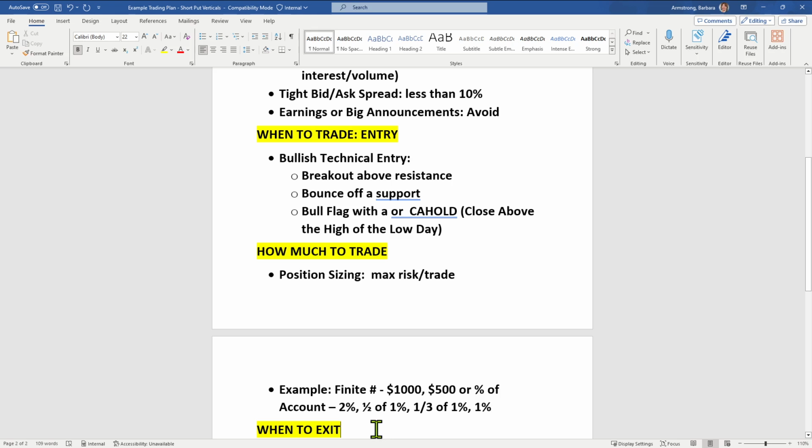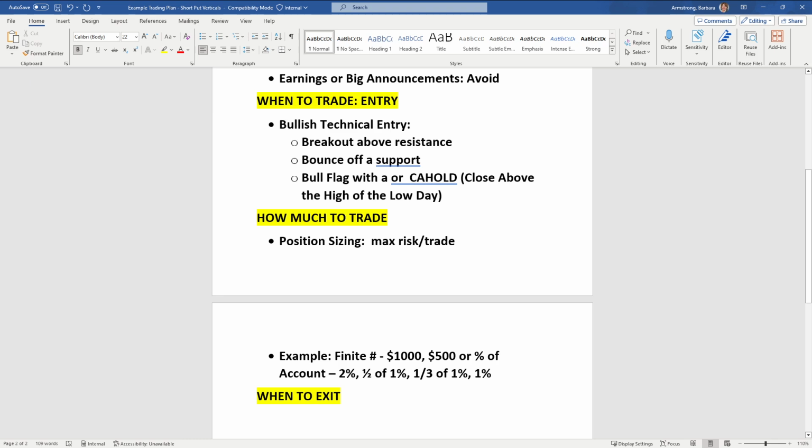Now, the last part, and certainly not the least important, because this will make or break many traders, is considering when to exit. And I always say you should know when you're getting out before you place the trade, no matter what type of trade you're placing.